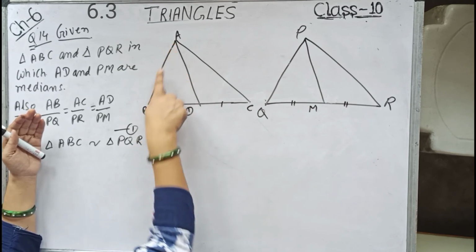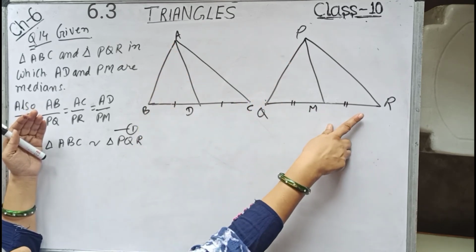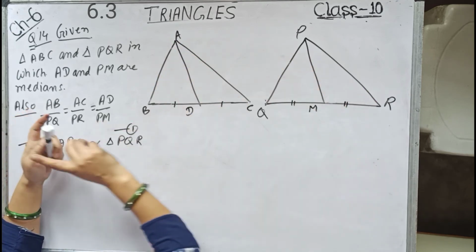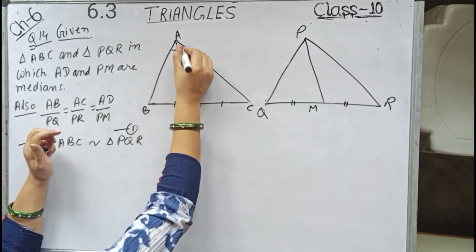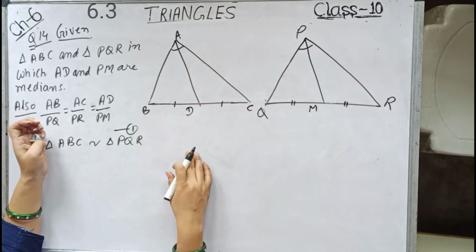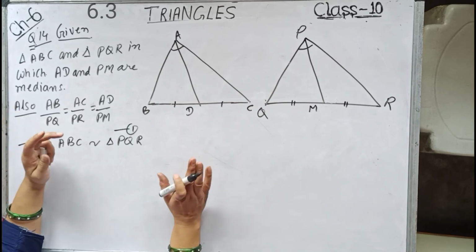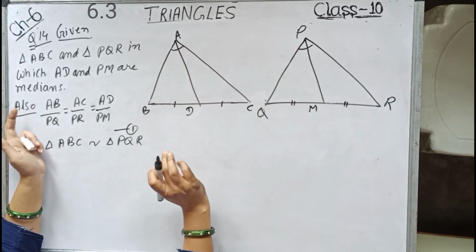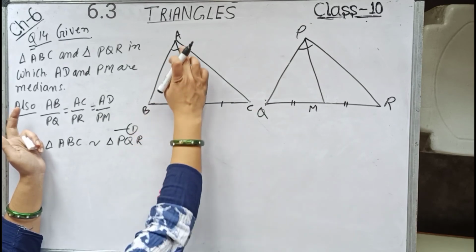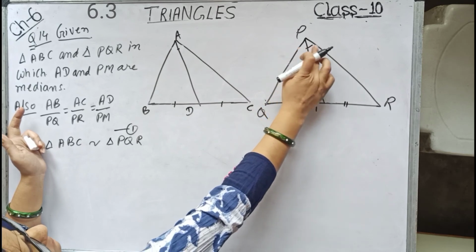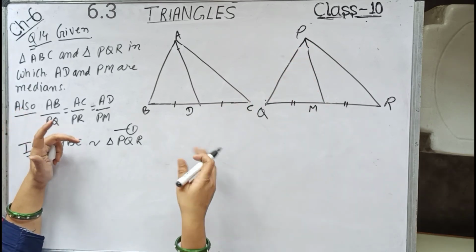Now children, to prove triangle ABC is similar to triangle PQR, we are given AB by PQ equals AC by PR. And if we prove that angle A equals angle P, then by SAS similarity these two triangles will be similar. So our target in this sum is to prove angle A equals angle P. Now for proving angle A equals angle P, we have to do a small construction.